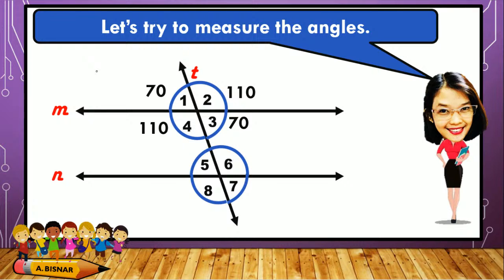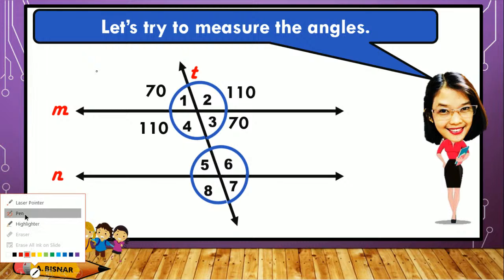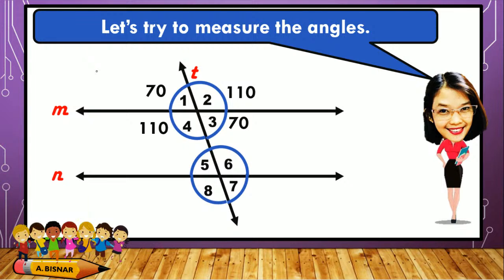Okay, I'll write your answers. Wait, I'll use the pen or the marker. So, angle 5 measures 70.